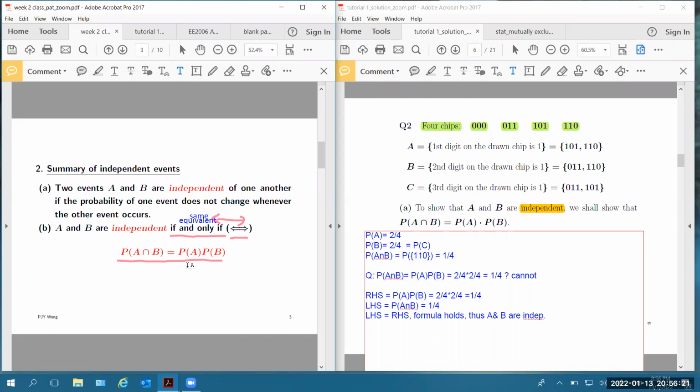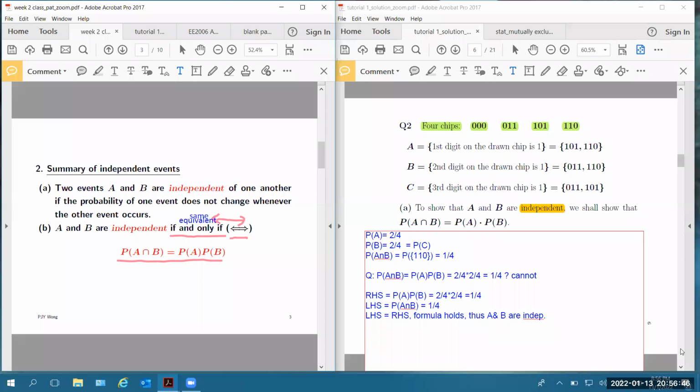If the formula doesn't hold, it means not independent, and not independent means dependent. So dependent means the formula should be not equal. Is that all right?